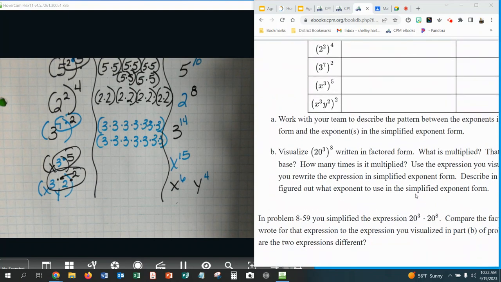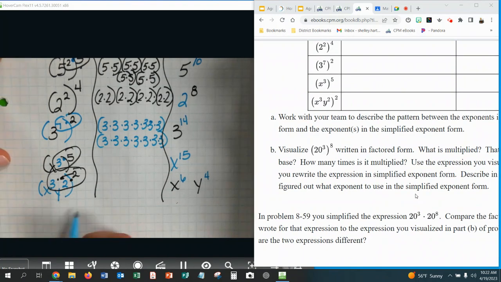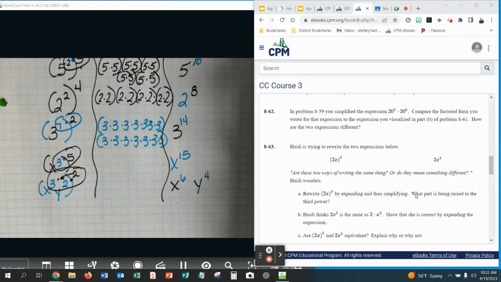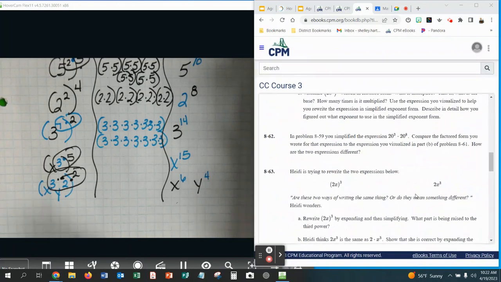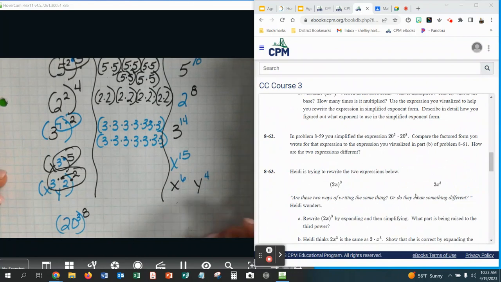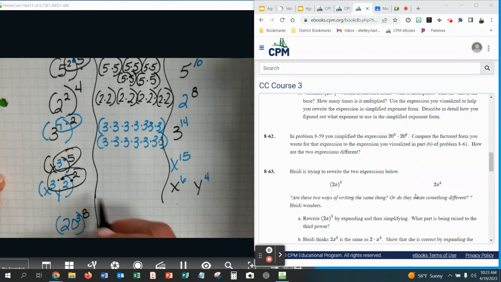Okay, let's visualize. Let's look at this one. This is the same thing. We're going to do 20 to the third power times 8. What are you going to get? Angelo, what is this going to become?